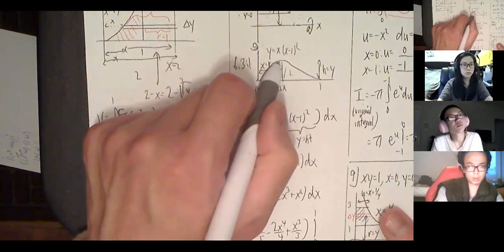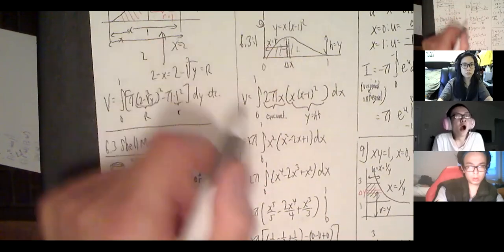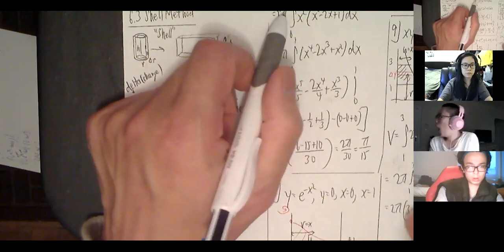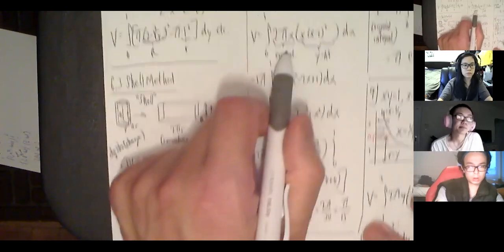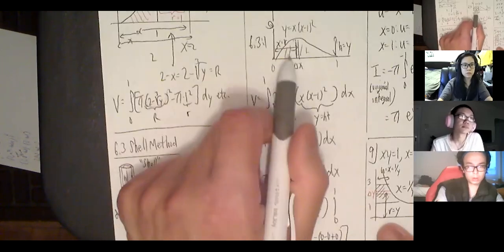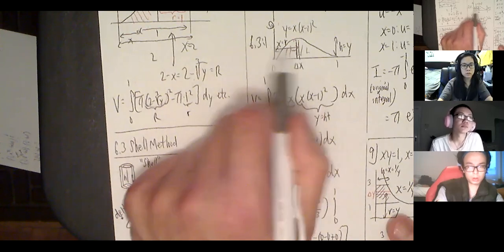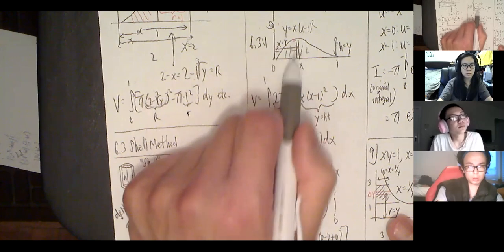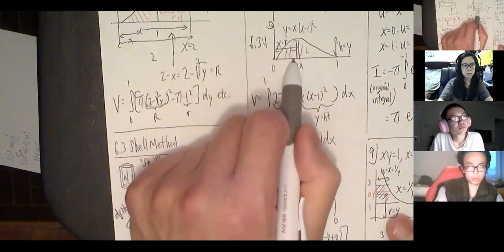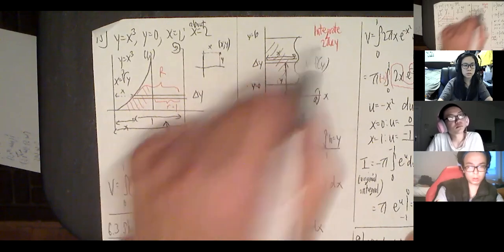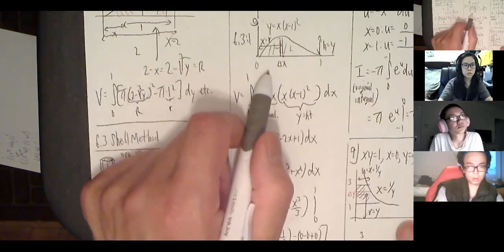So I'm integrating by formula 2 pi RH. And yes, in this so-called simplest first example, the radius is x and the height is y. So yes, in this case, I am just going to integrate 2 pi xy like the previous problems.